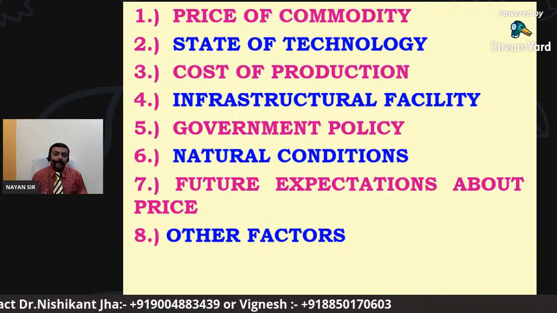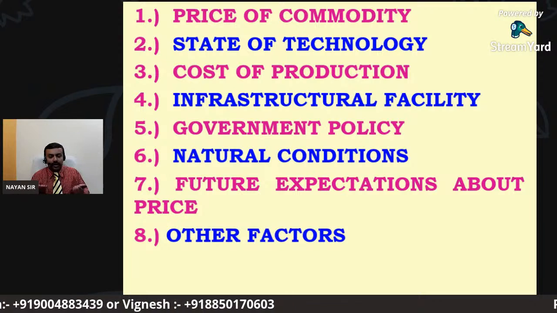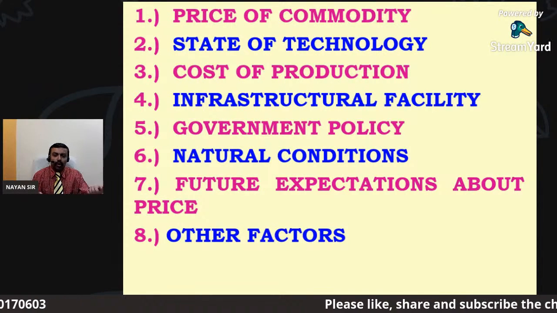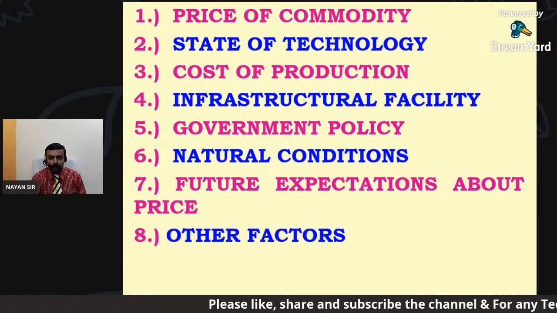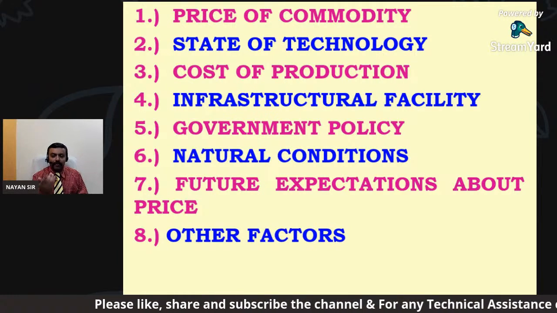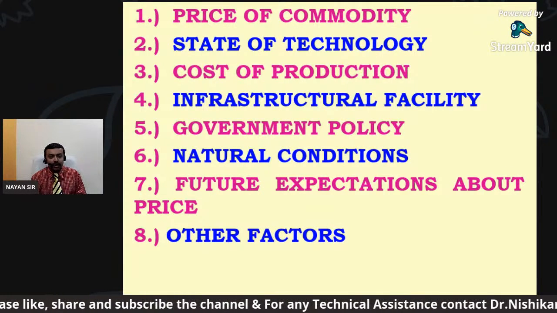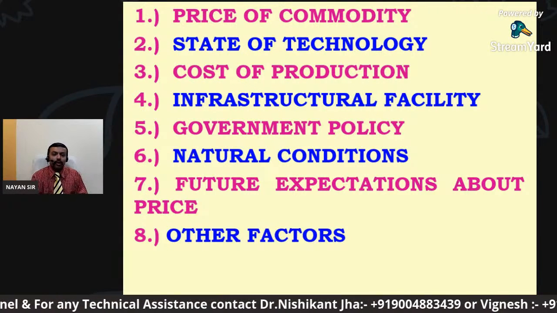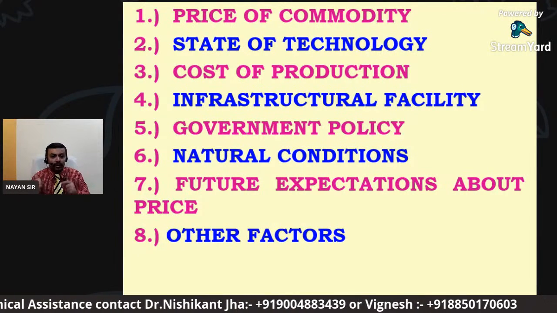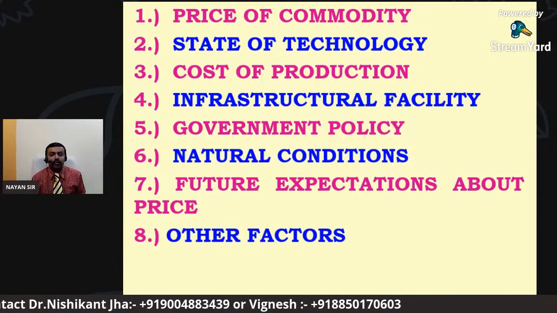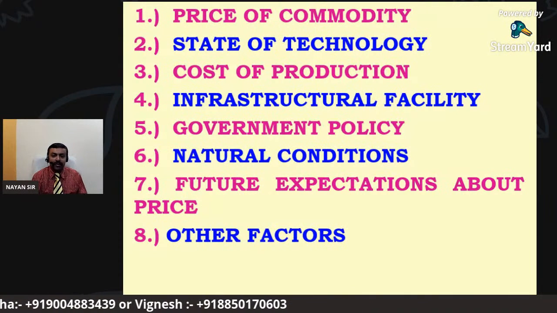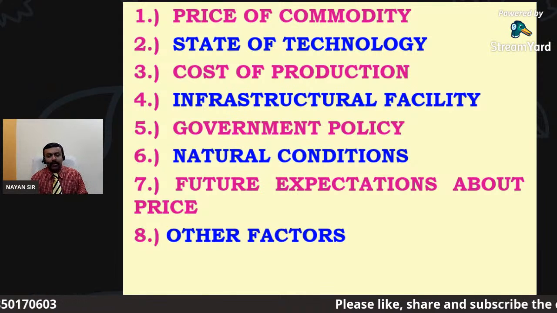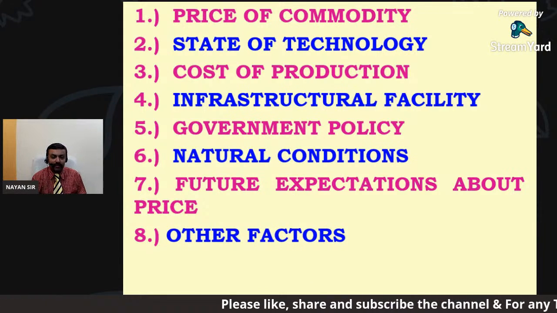Natural conditions. Agriculture in our India mainly depends on rain. So rain will affect the agricultural products, and it depends upon the natural conditions. Hence a good monsoon and favorable climatic conditions will result in a good produce as well as a good harvest, so that there will be very good supply of agricultural products, and unfavorable climatic conditions will lead to a decrease in supply.